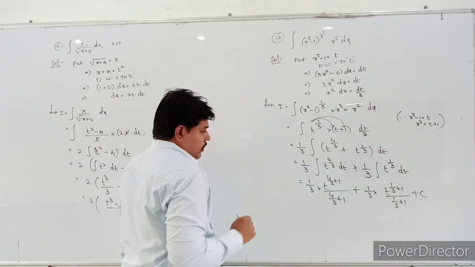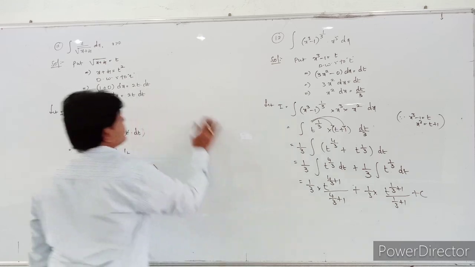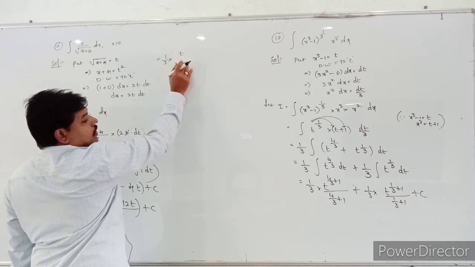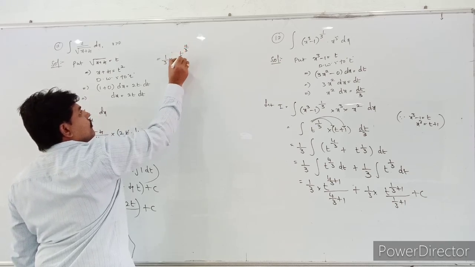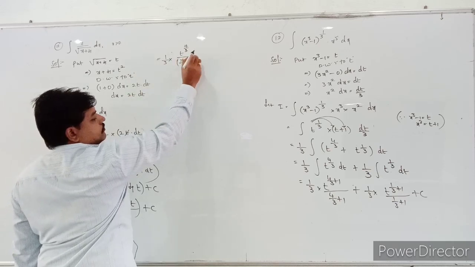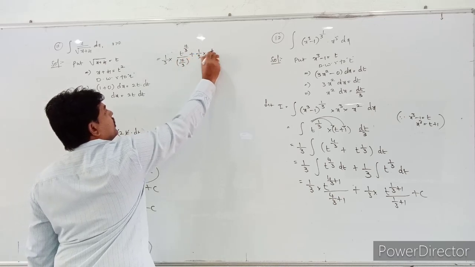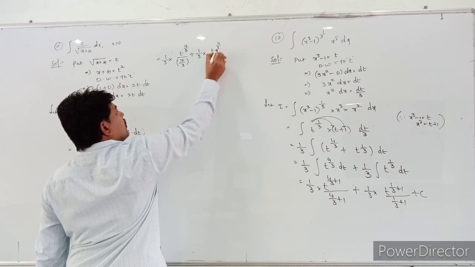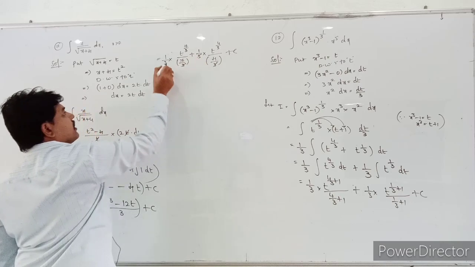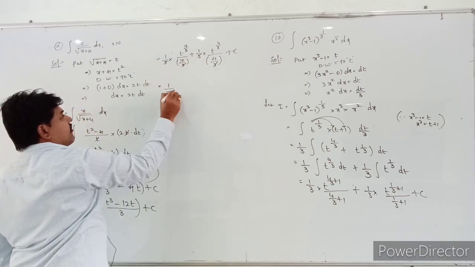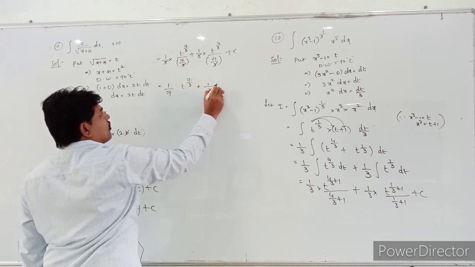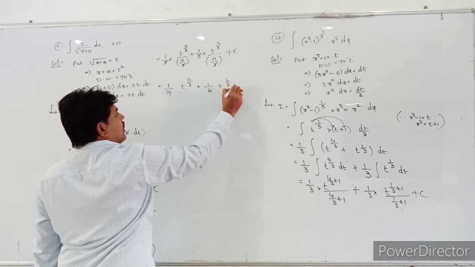That is equal to 1 by 3 into t power 7 by 3 by 7 by 3, plus 1 by 3 into t power 4 by 3 by 4 by 3, plus c. The 3 will be cancelled, the 3 will be cancelled, and it becomes 1 by 7 t power 7 by 3 plus 1 by 4 into t power 4 by 3 plus c.